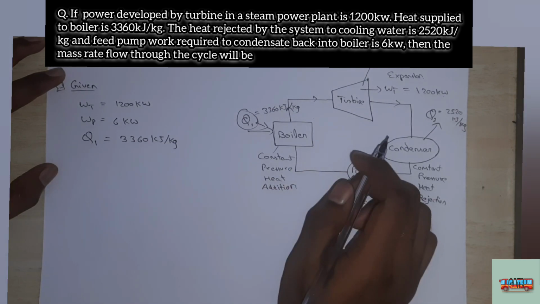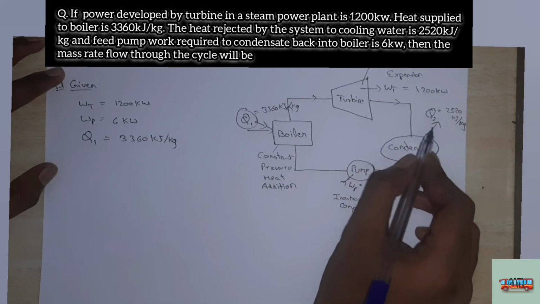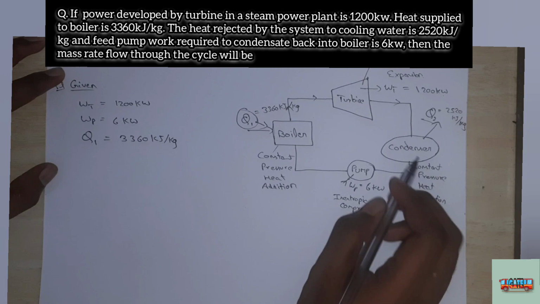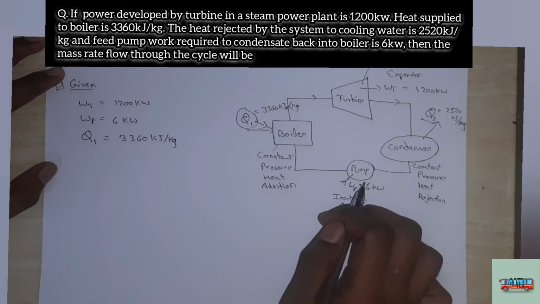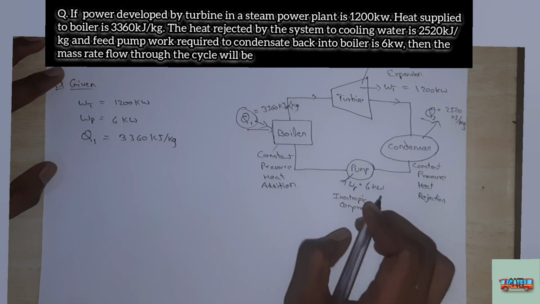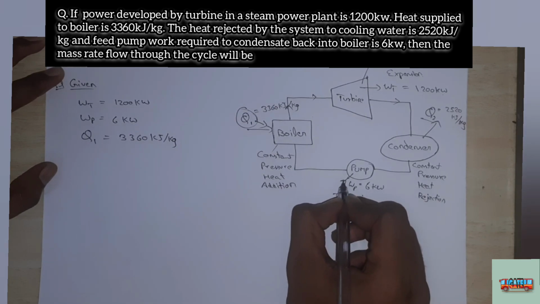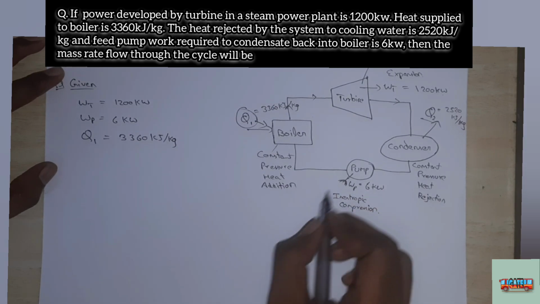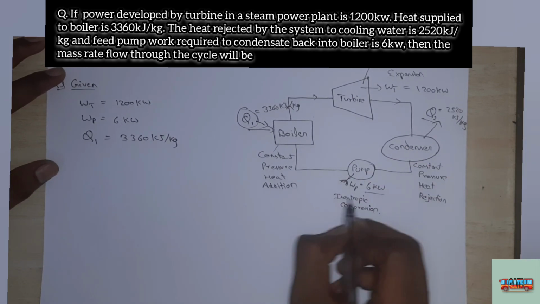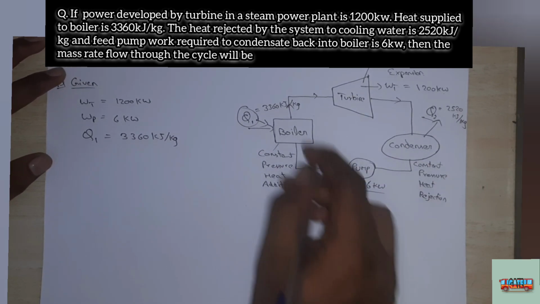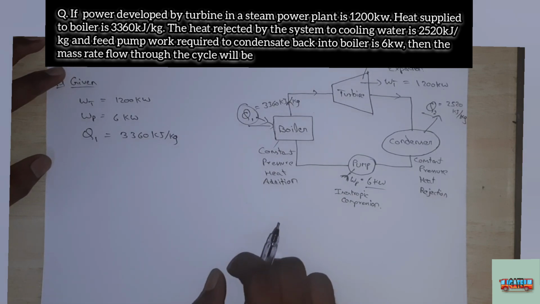The heat rejected by system to cooling water, the amount of heat rejected by condenser at constant pressure, is 2520 kilojoule per kg. And the feed pump work, the amount of work required by pump to compress the water that is coming from condenser, is 6 kilowatt. And what will be the mass flow rate to the cycle?